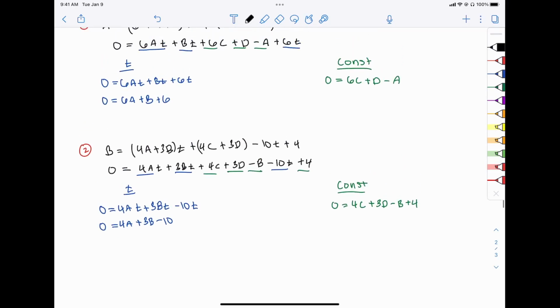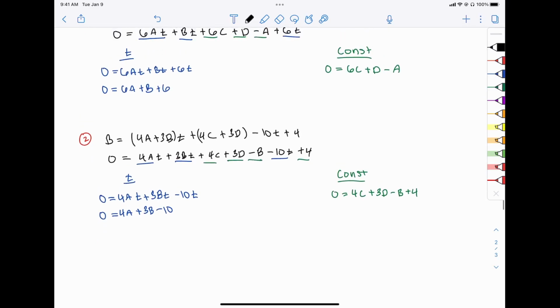Suppose, what can we do here? I'm trying to figure out whether I want to start with the t's or the constants, but I suppose we can just start with the t's.